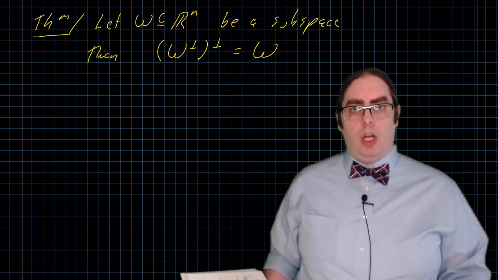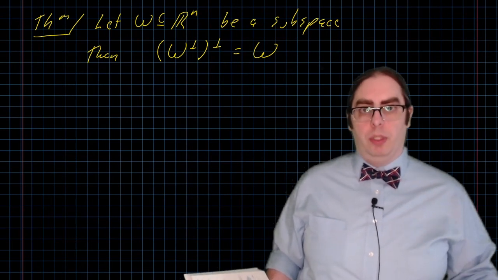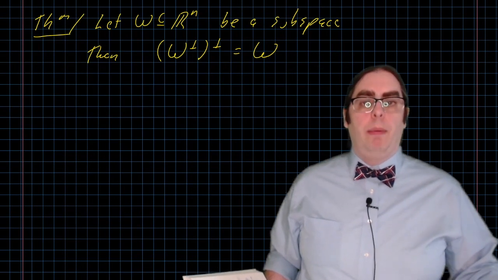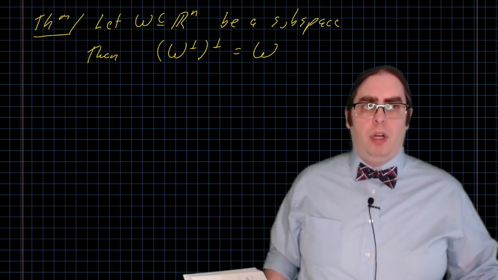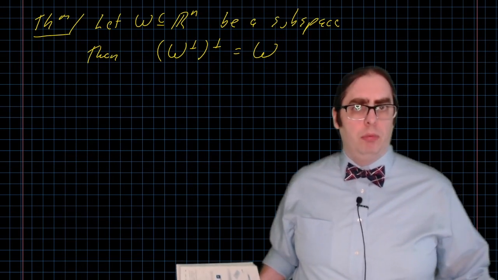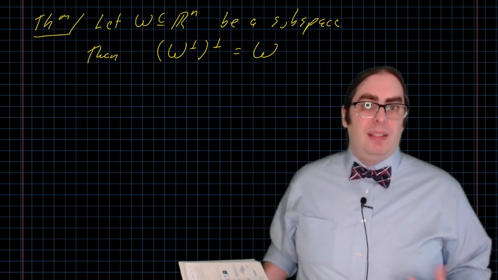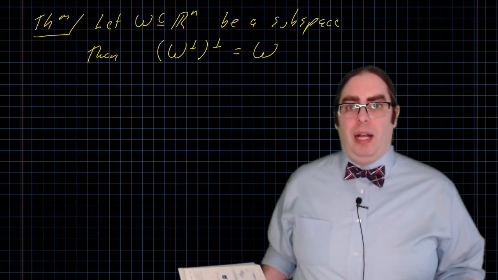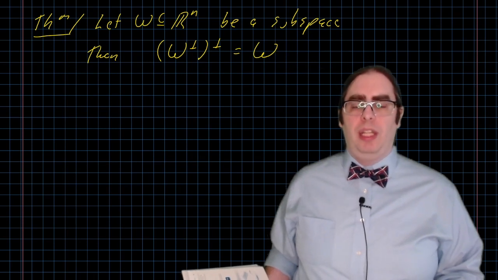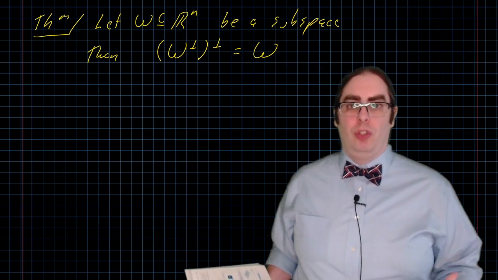If the orthogonal complement of W is all of the vectors perpendicular to W, well, then the orthogonal complement of that, all the vectors perpendicular to all the vectors that are perpendicular to the vectors in W, it makes sense that that's the vectors in W. Technically, there is some subtlety in that claim that I should go into in more detail, but I think that surface level understanding of why that's the case should suffice.